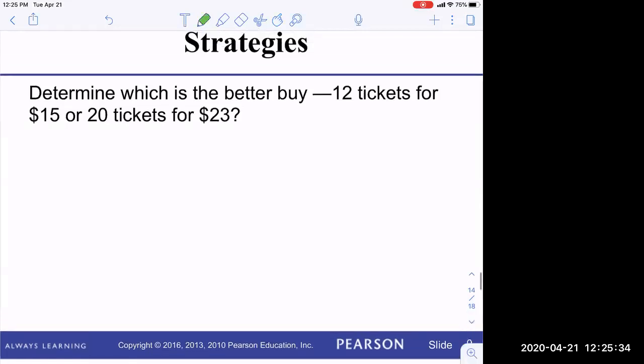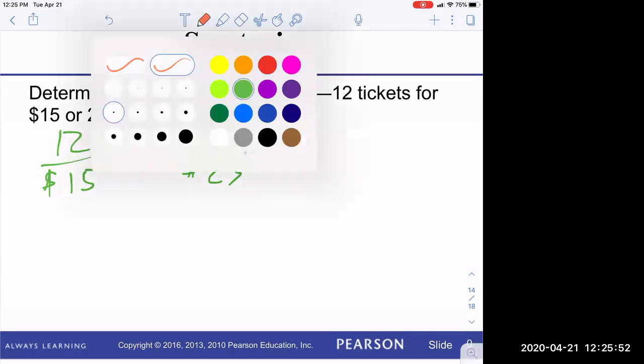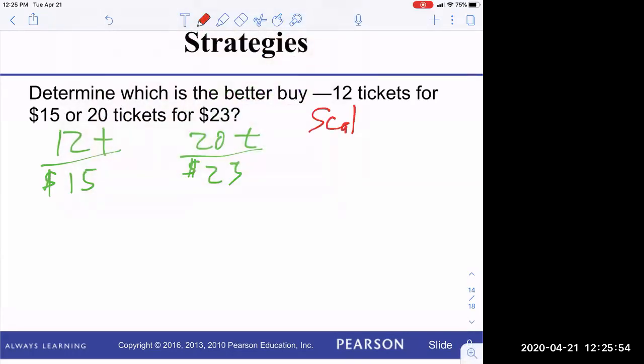I have 12 tickets for $15, and here I have 20 tickets for $23. I'm going to scale up and I just did the worst rookie mistake. I'm going to change my ratio because I don't like this.